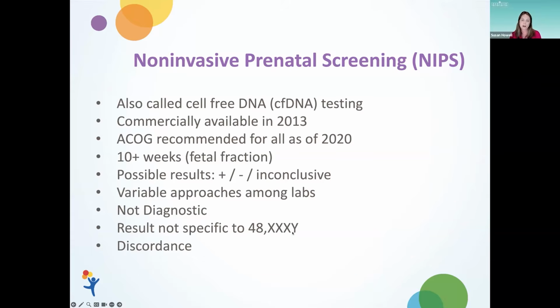So the 3XY diagnosis is usually identified with discordance from the result of NIPS being positive for an increased risk for XXY or XYY, but when in fact there are actually 2 additional chromosomes on diagnostic testing. So diagnostic testing is really important when we see an increased risk based on NIPS.